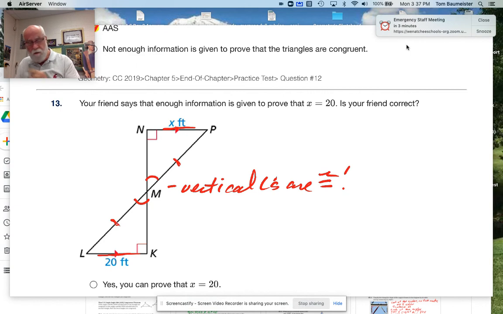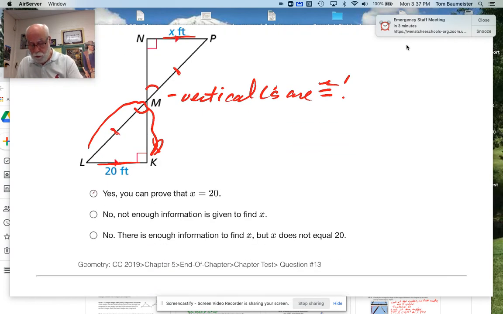So again, follow a path. If I started here and went this way, you would tell me I have side, angle, angle. Well, we don't have that, but we know it's angle, angle, side, right? So you would be able to say yes, and you can prove that x is equal to 20, because again, we had angle, angle, side.